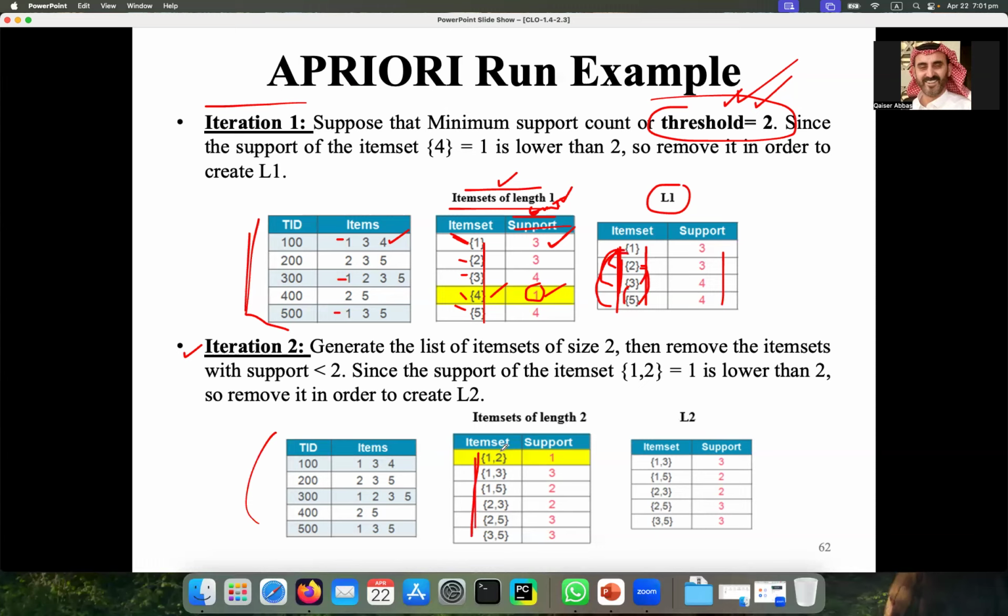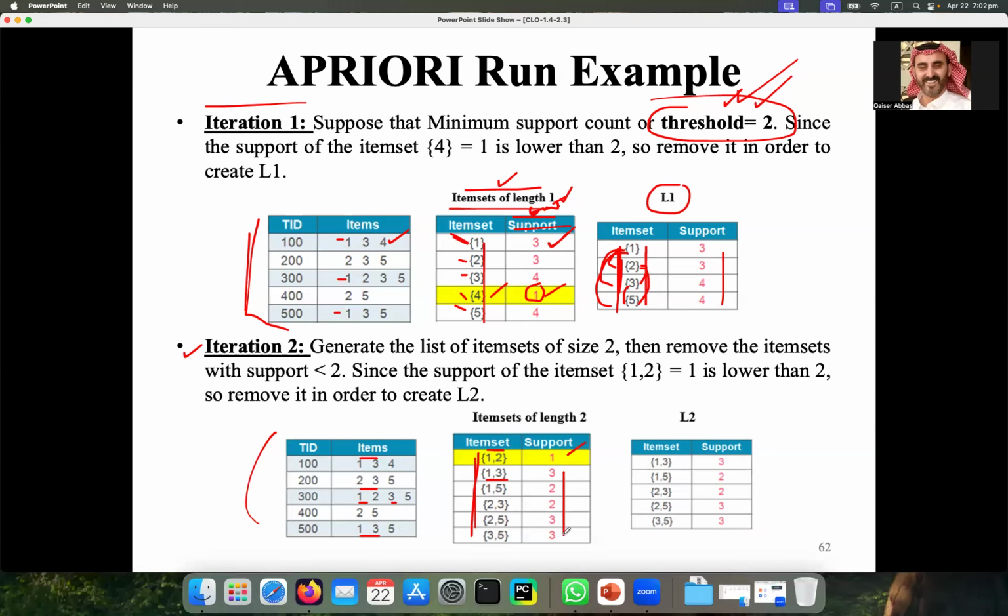When you have found these pairs, now you have to count one and two. How many times are they coming together in the data set? One and two, only one time. One and three, how many times? Here, here, and here, three times. And this is how we are counting.